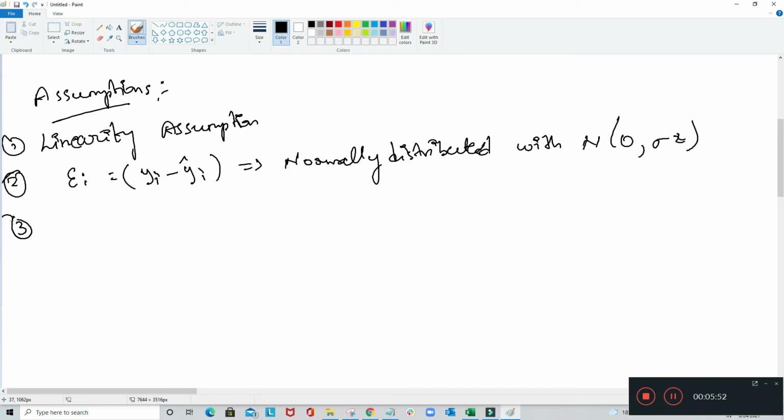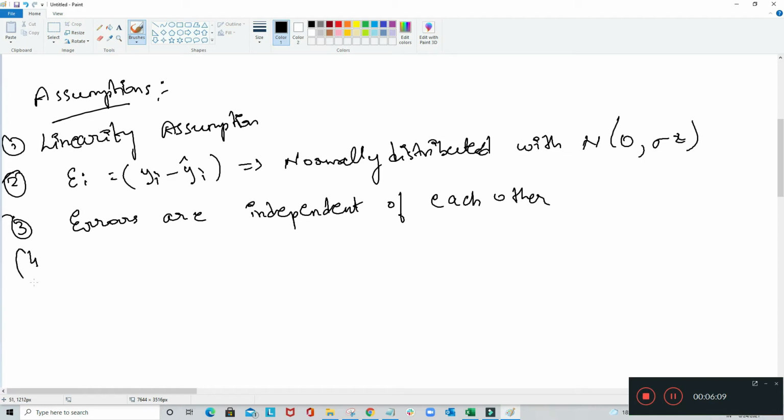The third assumption is that errors are independent of each other, meaning there is no correlation between the errors. The next assumption is that the values of the features xi are independent of each other, meaning there is no correlation between the features.